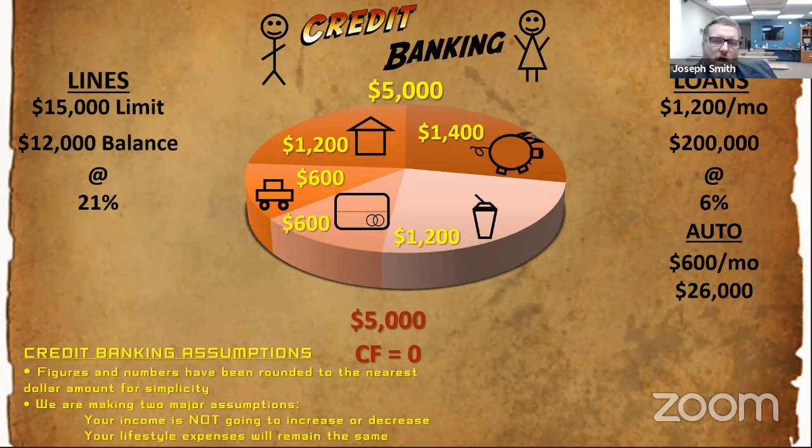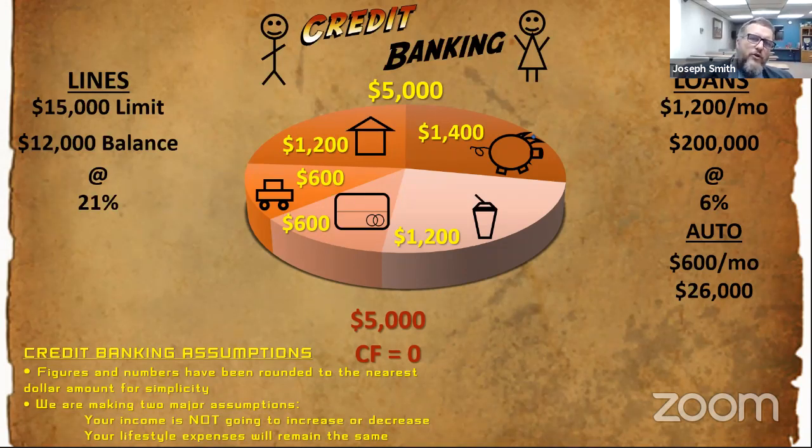And then $1,400 goes into short and long-term savings, such as contributing to your company's 401k, an IRA, or maybe sometimes a little bit of money put aside into an actual savings account. That's the budget on the screen.